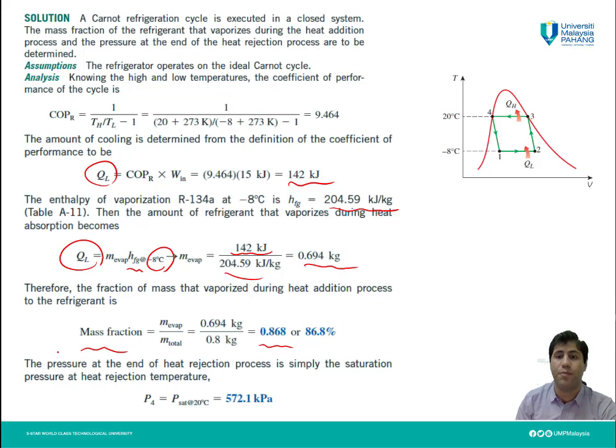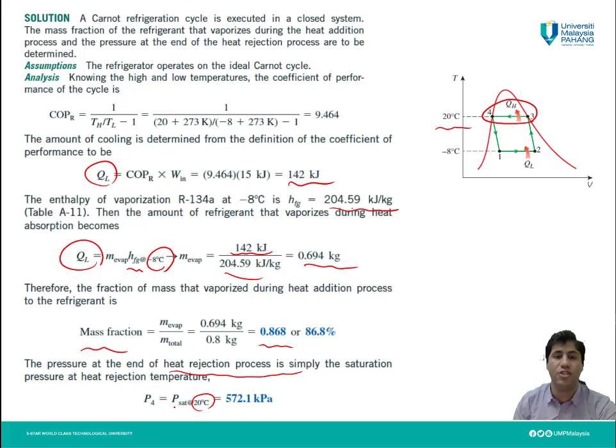And to find the pressure at the end of this heat rejection process: after the heat rejection process is here, and as it is mentioned, the temperature after this heat rejection will be 20 degrees Celsius. So the temperature of the refrigerant at the end of this heat rejection process will be 20 degrees Celsius.